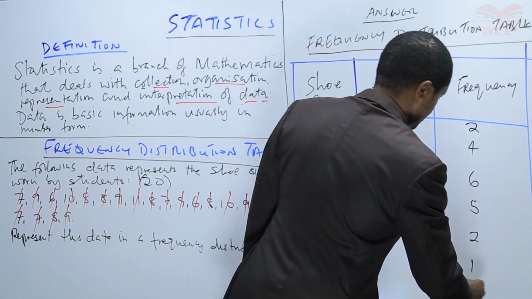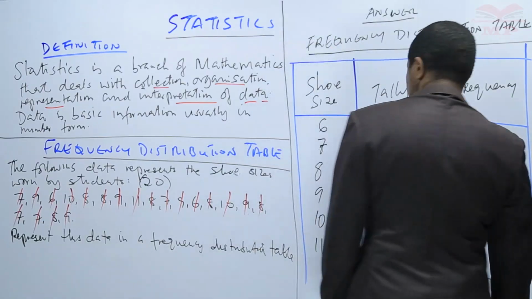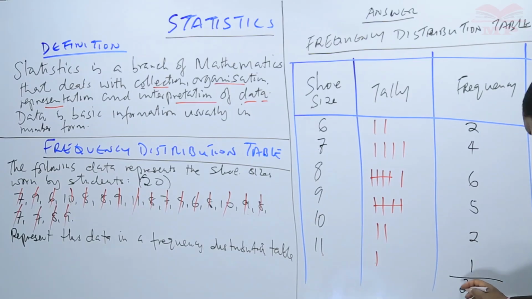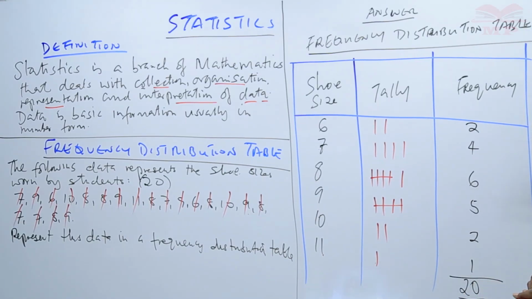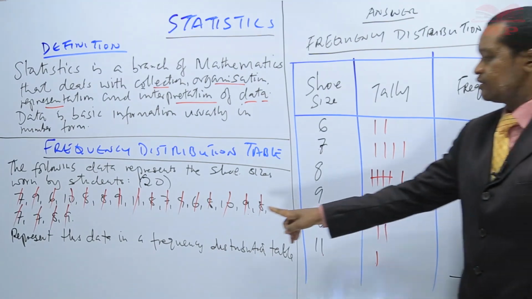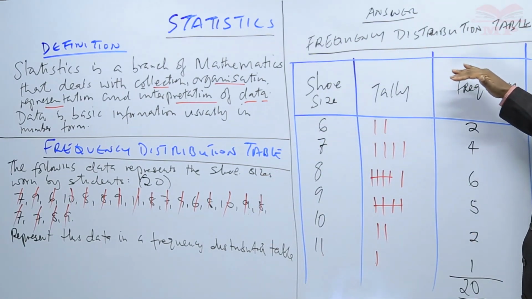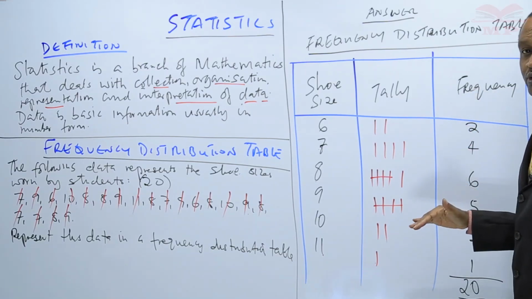So this should give us 20, because there are how many students? 20 students. So we have 2 plus 4 is equal to 6, plus 6 is 12, plus 5, 17, plus 2, 19, plus 1, 20 students. So we have represented this data in a frequency distribution table.